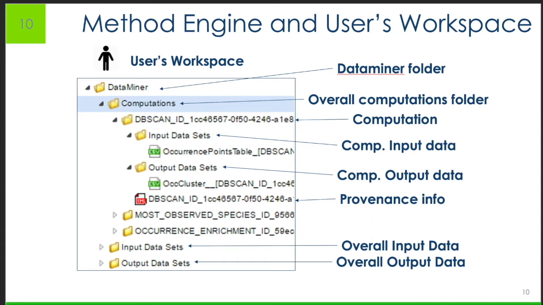So you can see here an example of this overall computations folder, and for each computation you have the input data that are saved automatically, the output data, and the XML with the provenance information, as well as the overall input data and the overall output data.